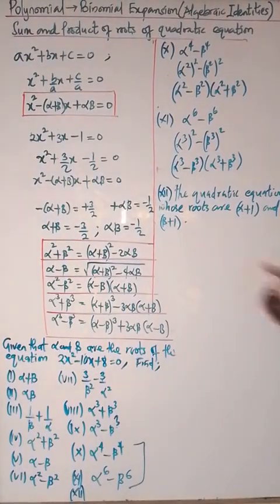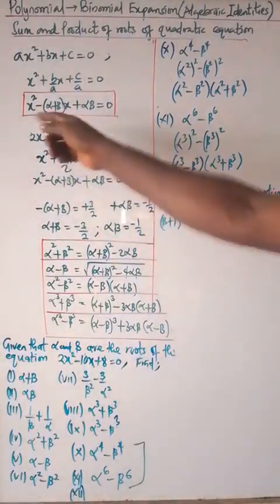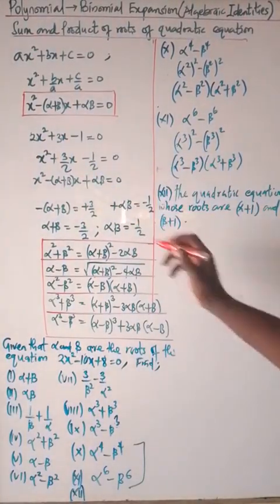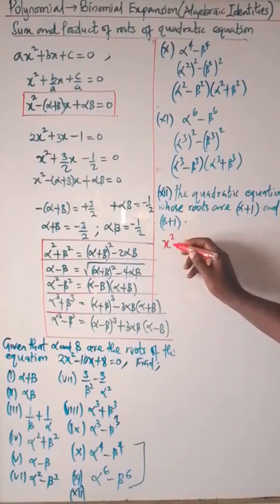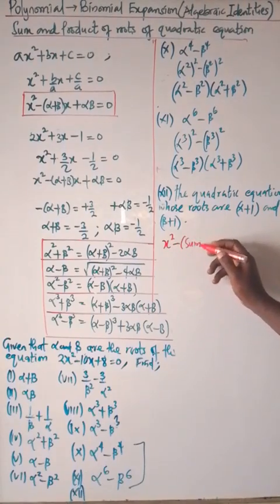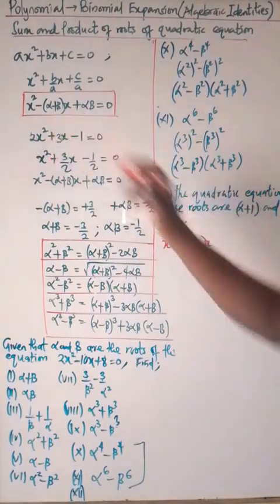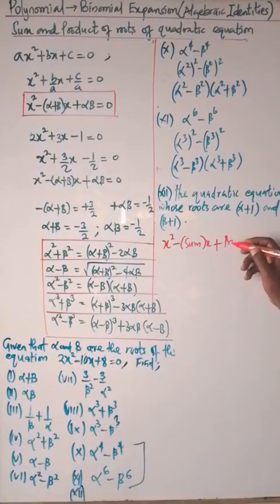So these are the roots. But recall, for any quadratic equation, this is it here. The equation is x squared minus the sum of the roots x, plus the product. I'm writing this one majorly to avoid confusion.